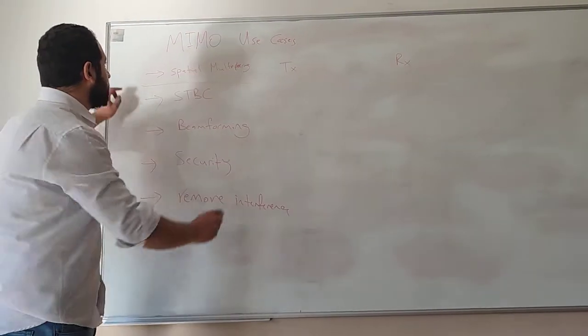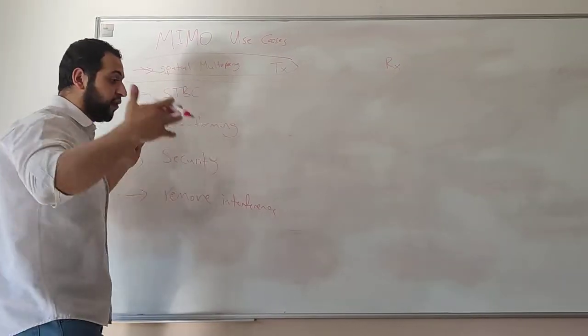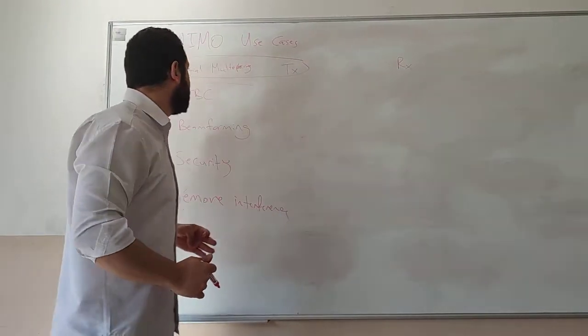So we already talked about spatial multiplexing, we understand it, we learned the transmitter structure, the receiver structure, the different types of equalizers we can use.